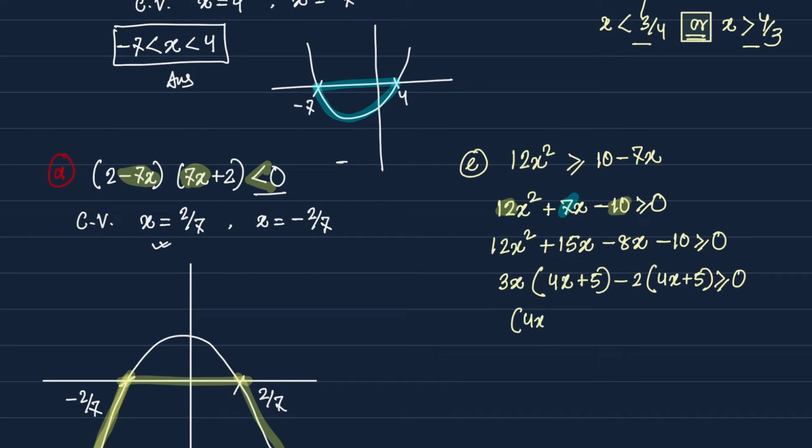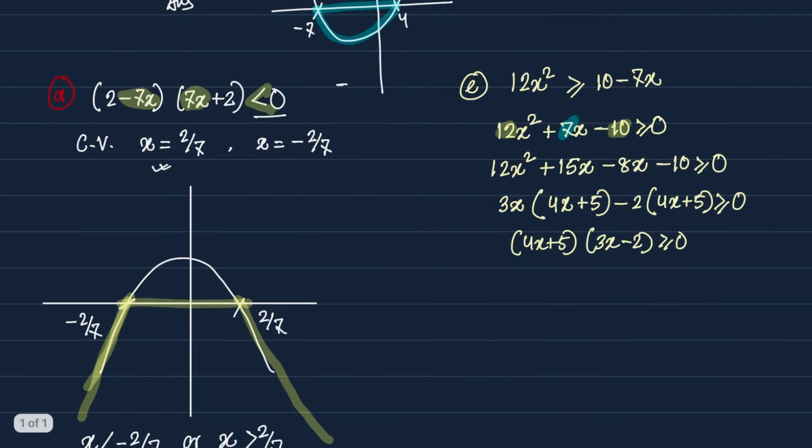So 4x plus 5 times 3x minus 2 greater than or equal to 0. Critical values: x is equal to minus 5 by 4, x is equal to 2 by 3.